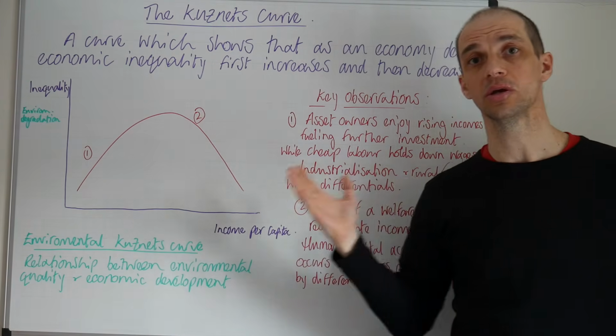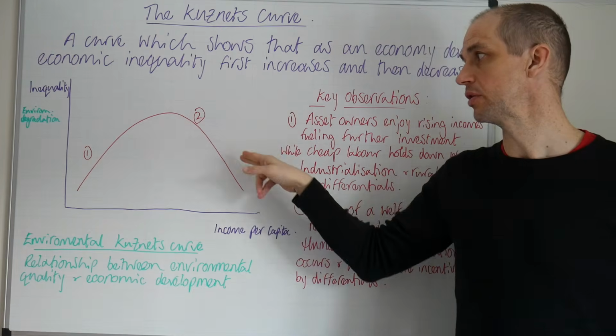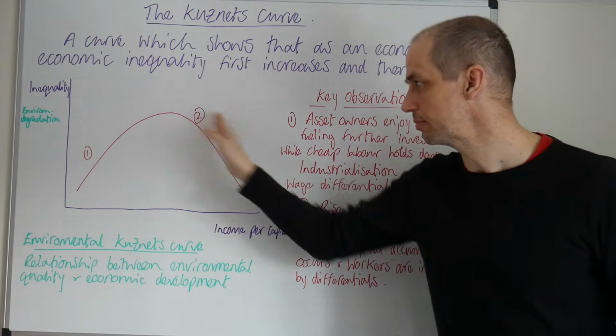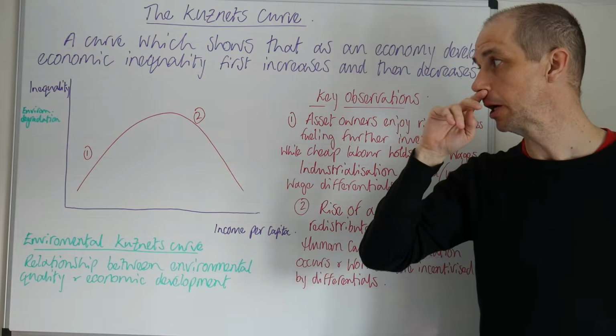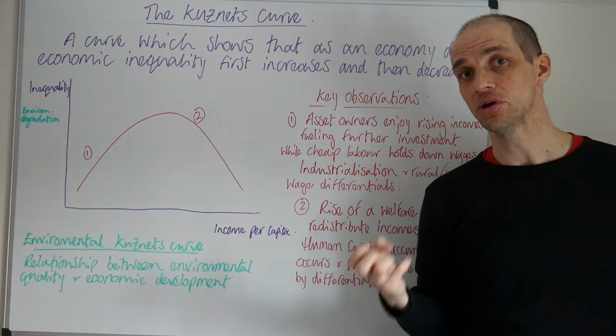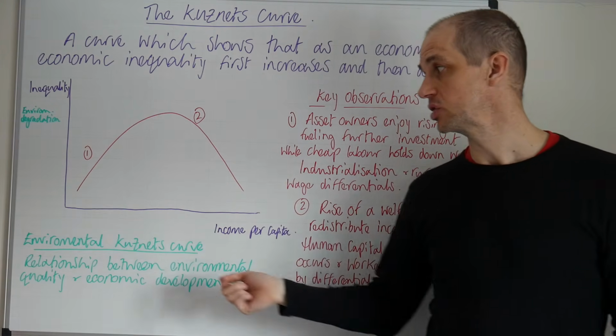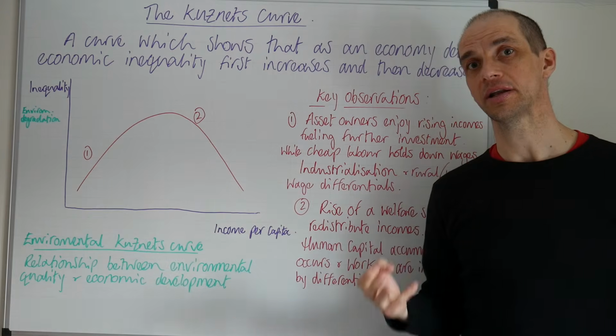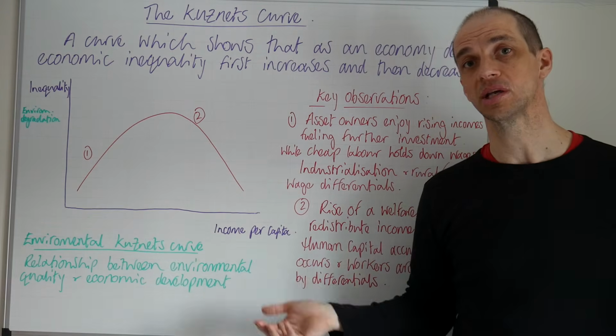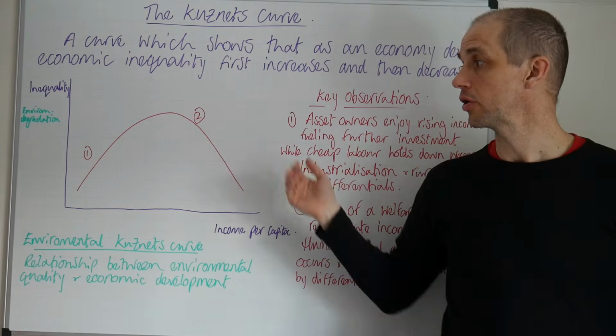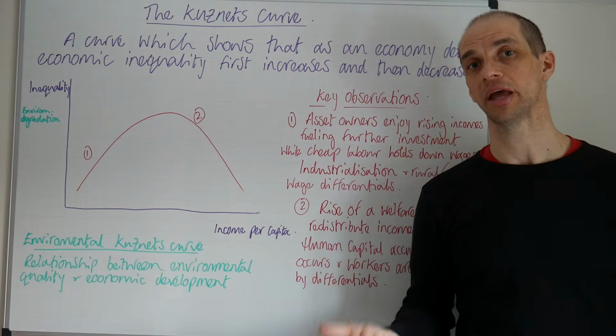Now, it's also argued that the notion of this upside down U-shaped curve can also be used when it comes to other areas such as littering and smoking, smoking cigarettes and tobacco. That a similar sort of profile may exist.